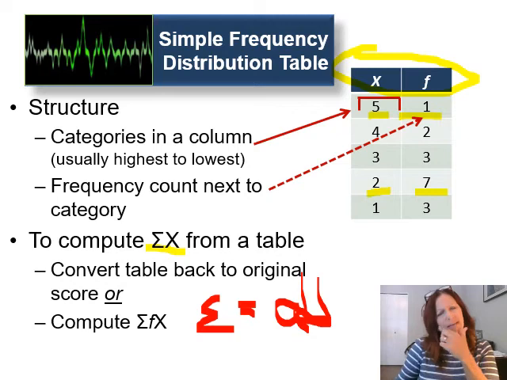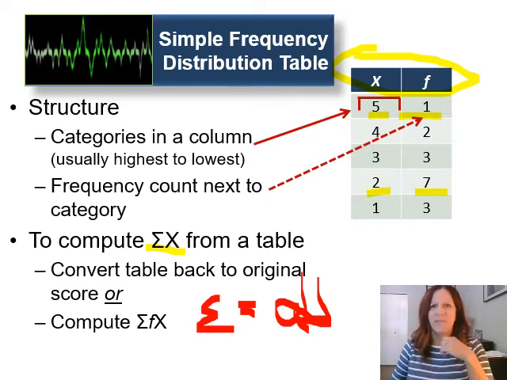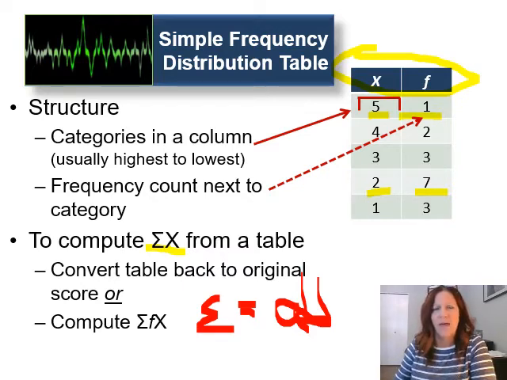The thing about this, though, is if I added up these X values, I would be going 5 plus 4 plus 3 plus 2 plus 1. Well, that would end up being 5, 9, 10, 11, 12, 13, 14, 15. That would be 15.